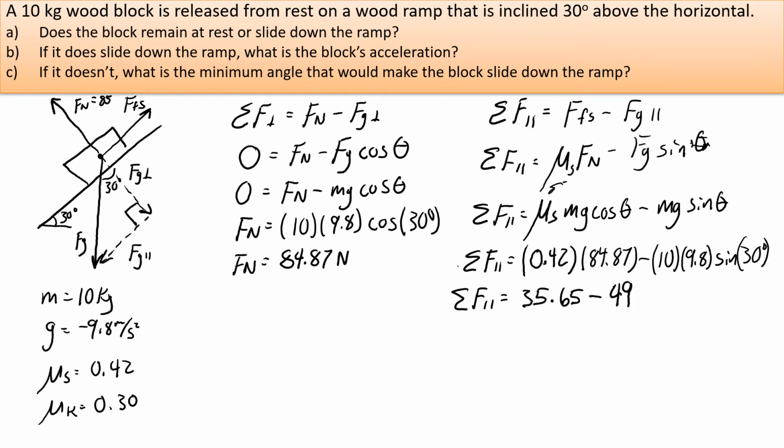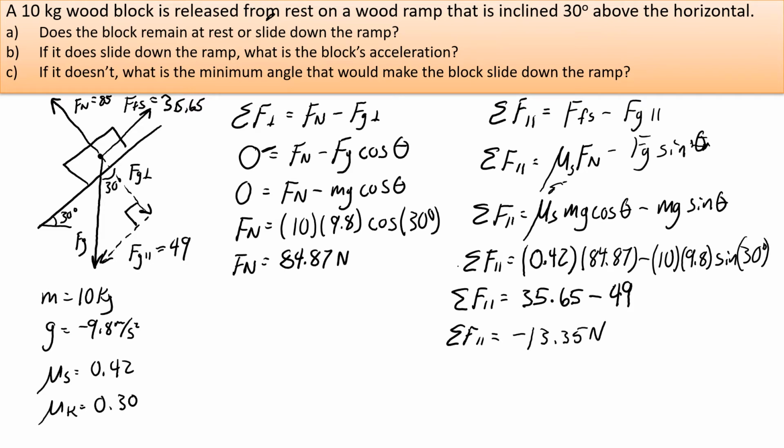Oh, so this one is 49, and this one is only 35.65. So the net force is actually in the negative direction, which we defined as down the hill, kind of to the left, in the direction of the parallel component of the weight. The net force is equal to negative 13.35 newtons.